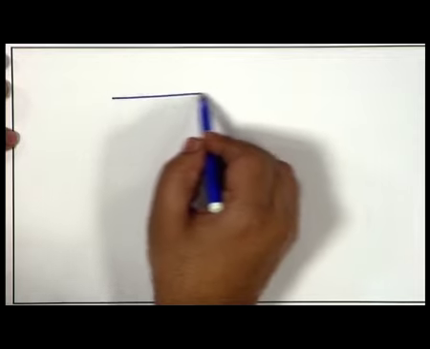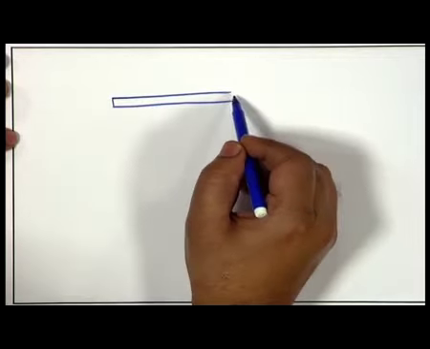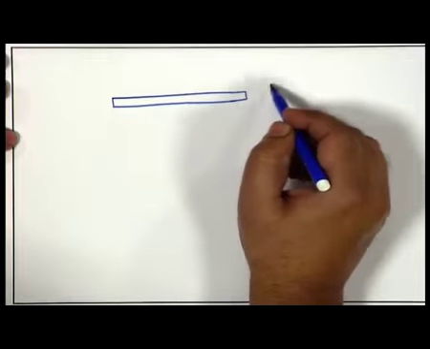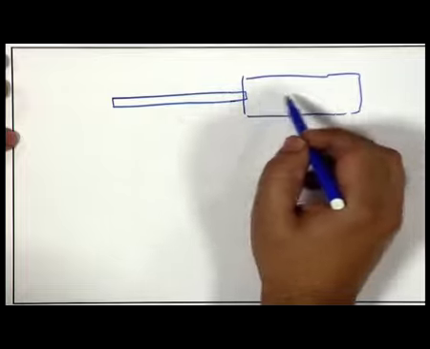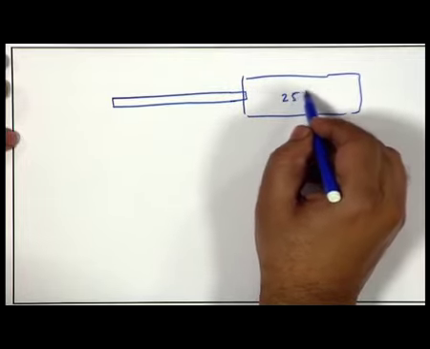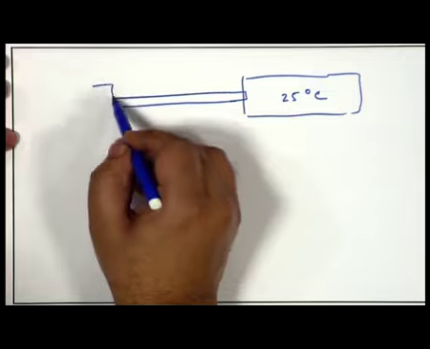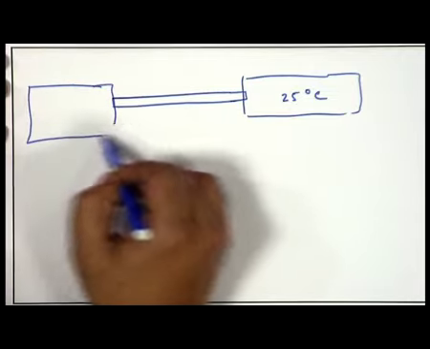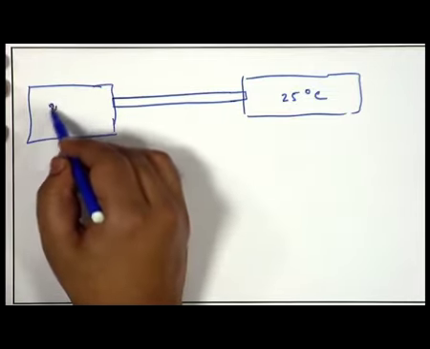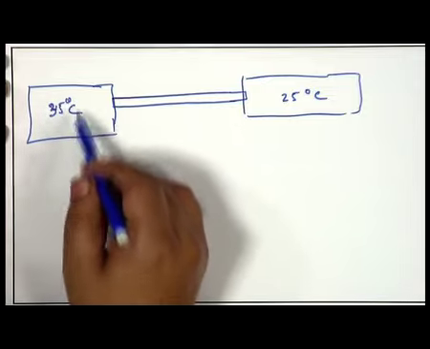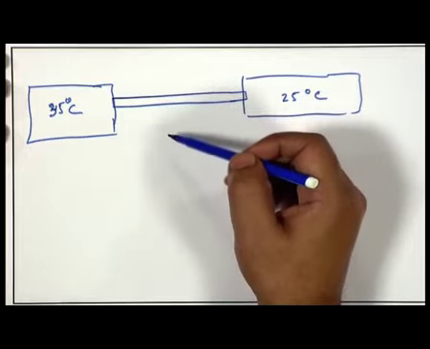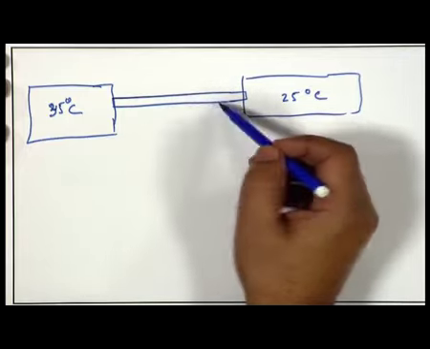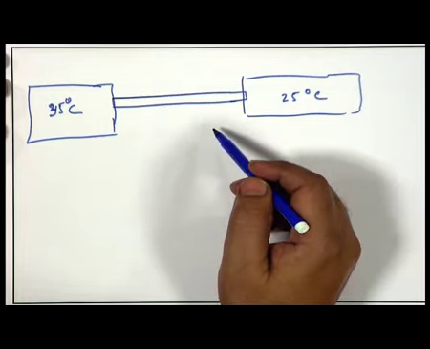I have a long iron rod, and one side is connected to a large pool of water kept at, say, 25 degrees centigrade, and the other side to a large pool of water kept at, say, 35 degrees centigrade. We are assuming that no heat is exchanged between this rod and the surroundings.